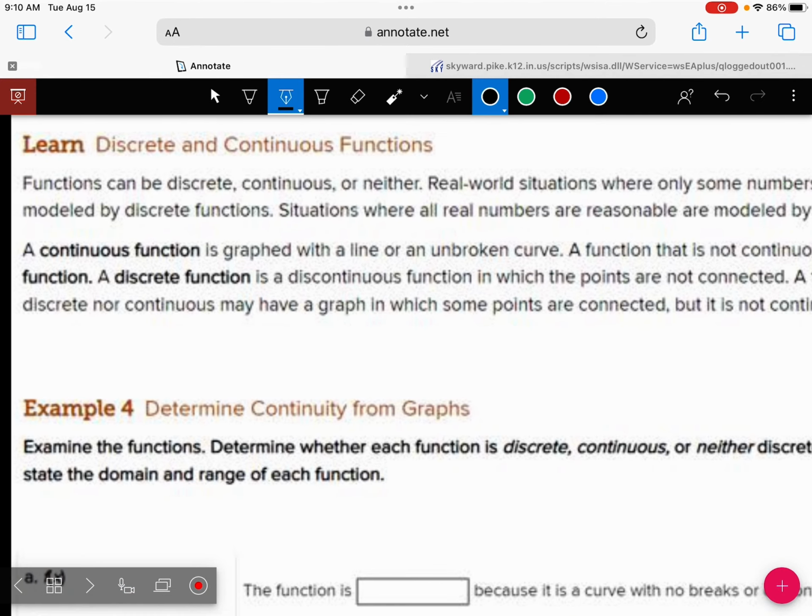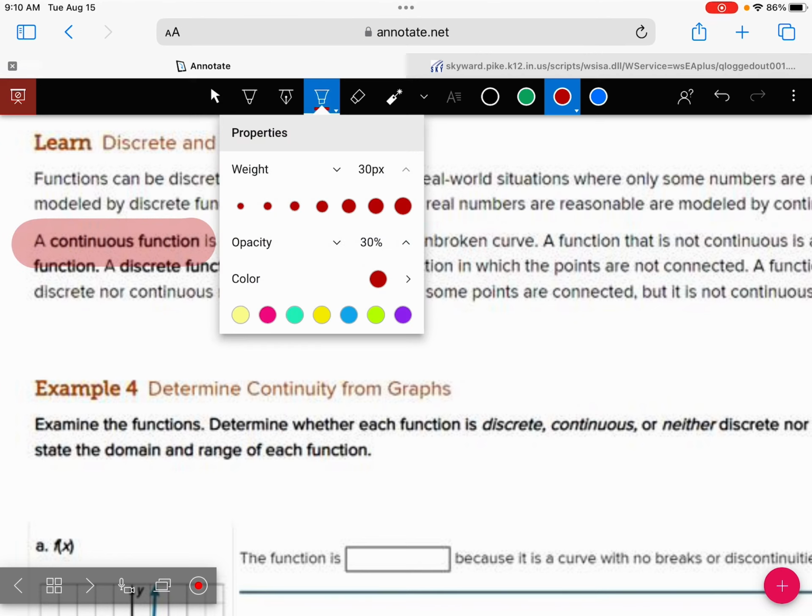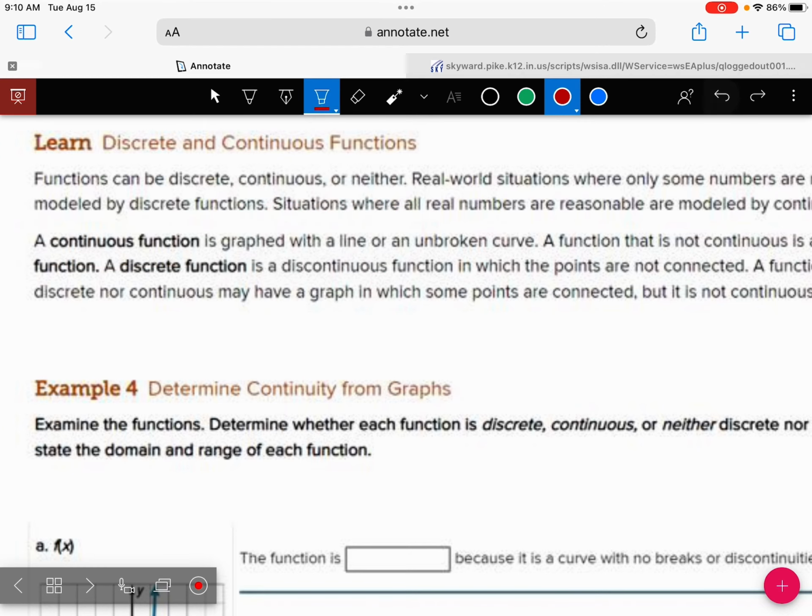I'm going to zoom in a little bit. It gives you the definition of continuous. Simply put, a continuous function is unbroken. It's a line that is unbroken. That's just the main simple definition. So go ahead and underline that, or if you have a highlighter, you can highlight that.